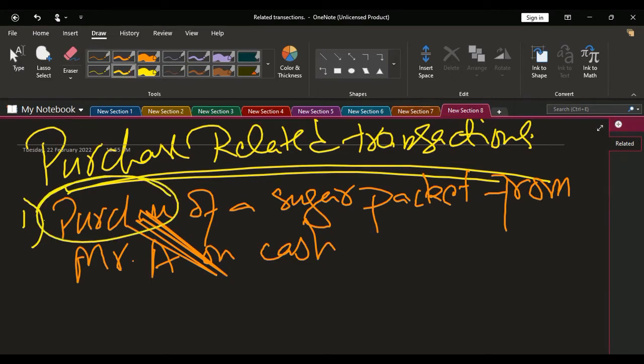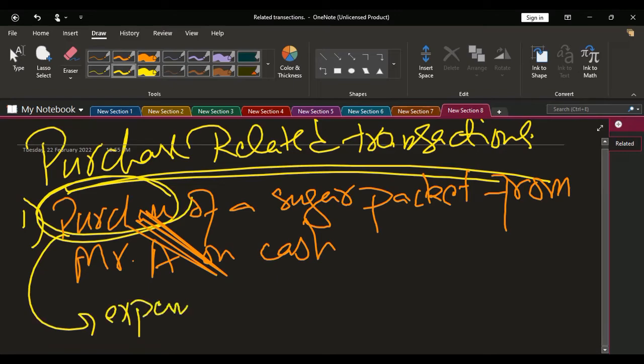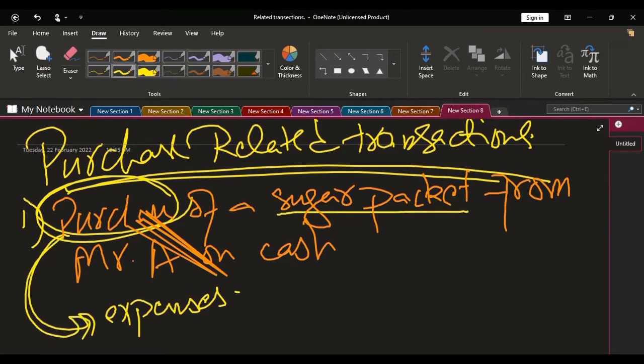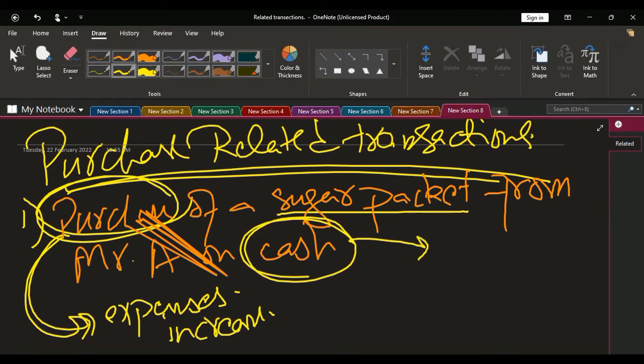Purchases are actually expenses for a business because we have to pay for these items. So when any item is purchased, the expense of the business increases, and if it is made on the basis of cash, then the business cash will decrease.